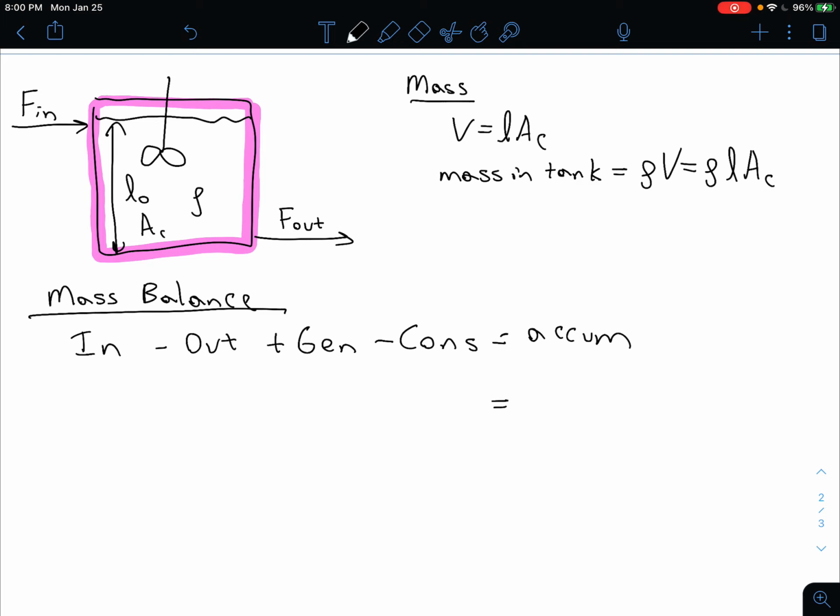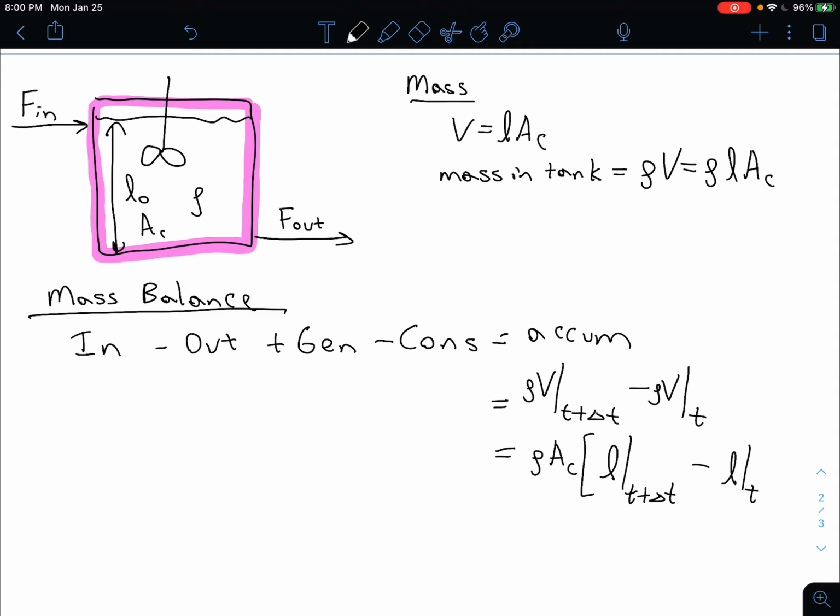So the accumulation is V at t plus delta t minus V at t. Now this is also equal to rho V, that's mass. This would actually be rho A C times the quantity L at t plus delta t minus L at t, because rho and A C are constant, they can be factored out.